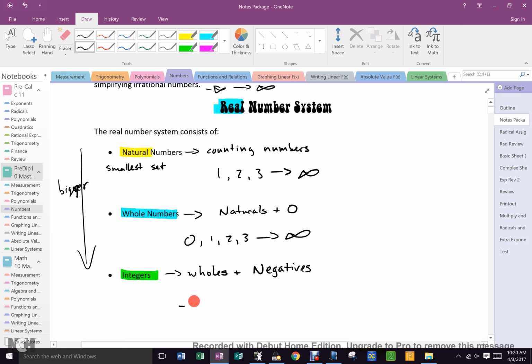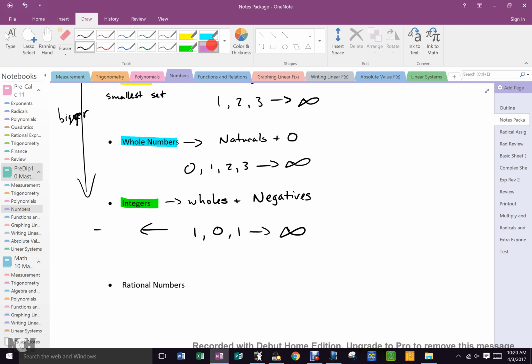So it's -1, 0, 1, up to positive infinity, and down to negative infinity. Is everybody cool there? Everyone's good? And finally, we add the rational numbers. Now, rational numbers I'm going to take a little bit of time with, okay?